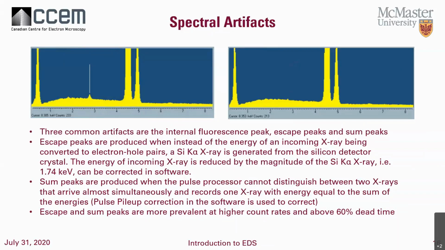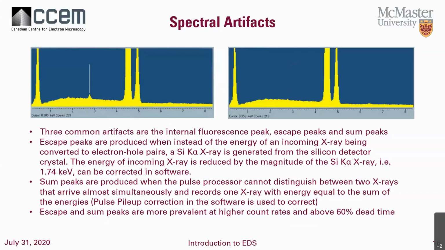Instead, you get a silicon X-ray generated. But for all the elements within the material that are detected, you can actually correct for that. So usually in the older systems, you may be able to click on a button which will do the correction. Newer systems usually do it automatically, along with pulse processing.